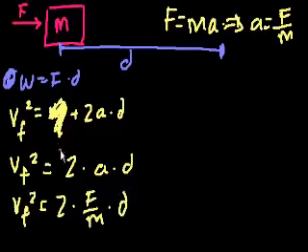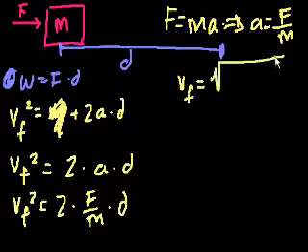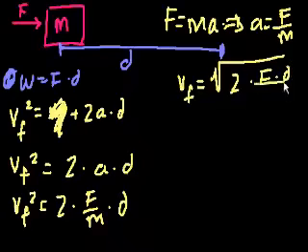Then we could take the square root of both sides, and we get the final velocity of this block at this point is going to be equal to the square root of 2 times force times distance divided by mass. And so that's how we could figure it out.